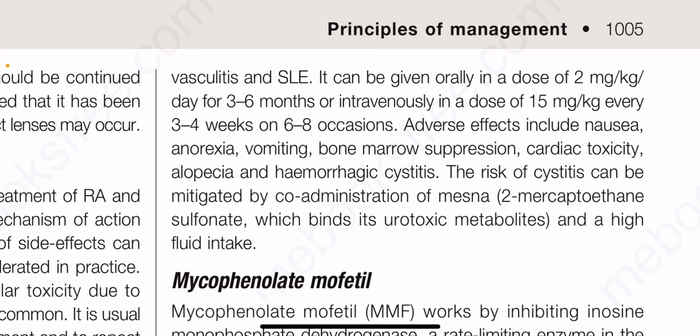It can be given orally in a dose of 2 mg per kg per day for 3 to 6 months, or intravenously in a dose of 15 mg per kg every 3 to 4 weeks on 6 to 8 occasions. Adverse effects include nausea, anorexia, vomiting, bone marrow suppression, cardiac toxicity, alopecia, and hemorrhagic cystitis.